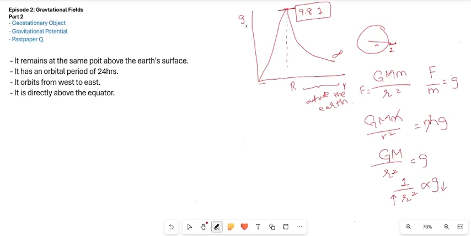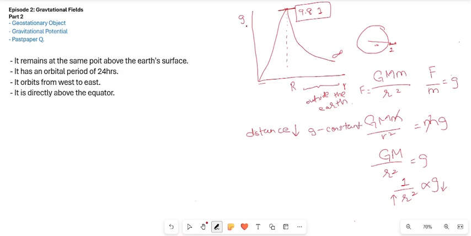The entire point was, always remember, this r is not just the radius, it is the distance between the two bodies. So if the distance is too small, g is constant.